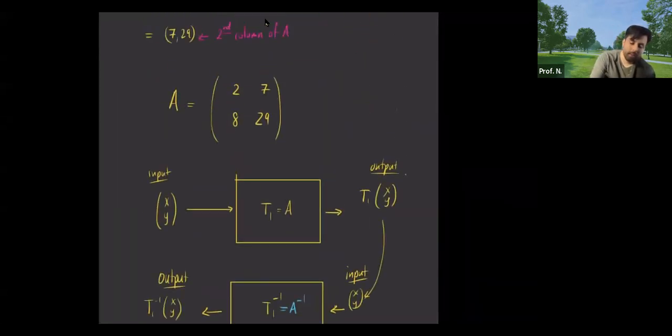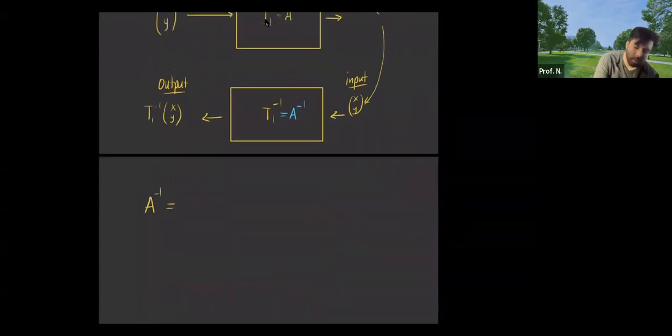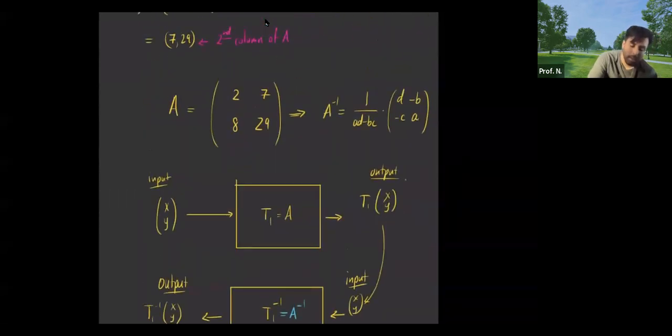So I know what A is. What is A inverse? Remember what A inverse was? It's 1 over AD minus BC, and then what is this? This is D, A, and then you subtract negative B, negative C. So what's going to be A inverse? Well, what's the determinant of this? 2 times 29 is 58.